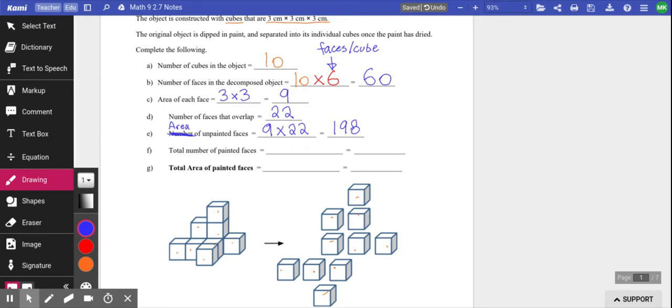Then I'm going to do the area of painted faces. Actually, I don't even like that. I'm going to cross that out completely. Okay. There you go. Area of all faces.